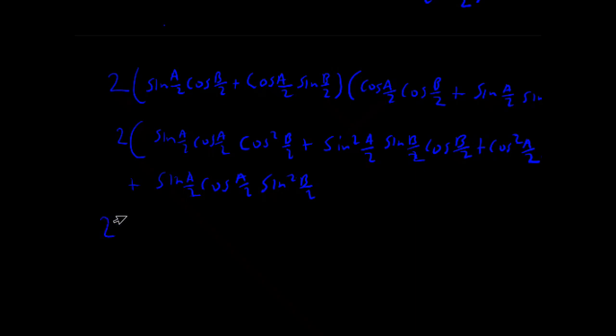So if I distribute to the inside, I'm going to have 2 sine a over 2 and then cos a over 2, and then we're going to have cos squared b over 2. It's going to be a little bit weird the way this will be solved. Let me just choose to put this in front and this behind. So it's going to be 2 sine b over 2 cos b over 2.